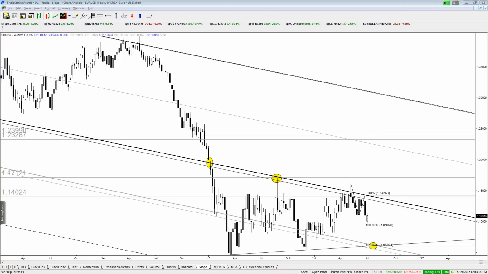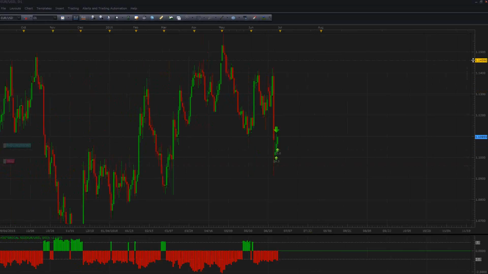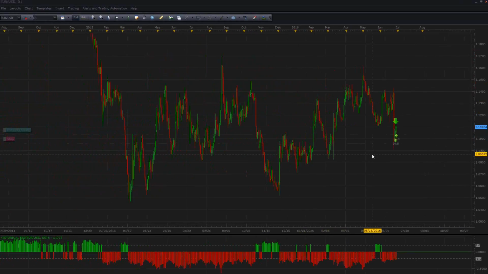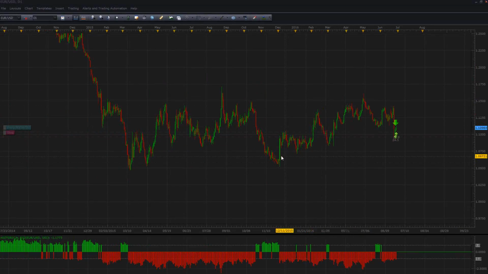Another thing that I think is worth paying attention to, this is the euro dollar daily chart with SSI on it, historical SSI.